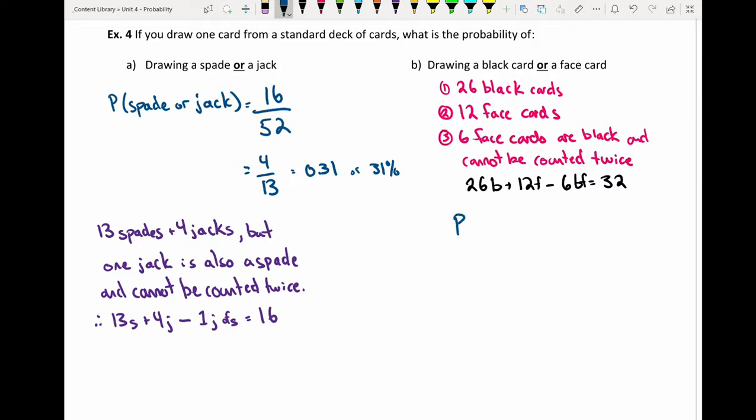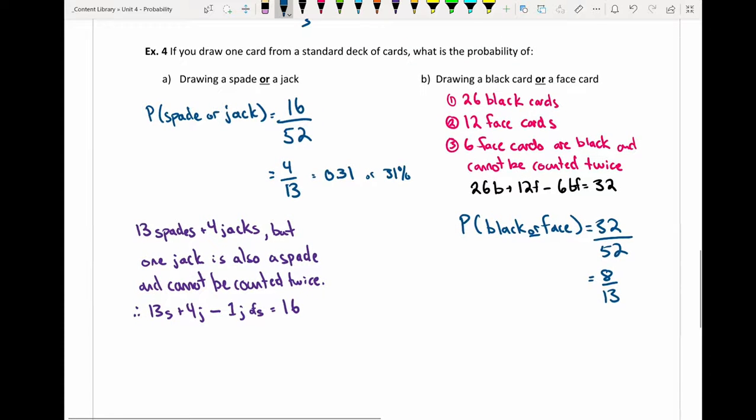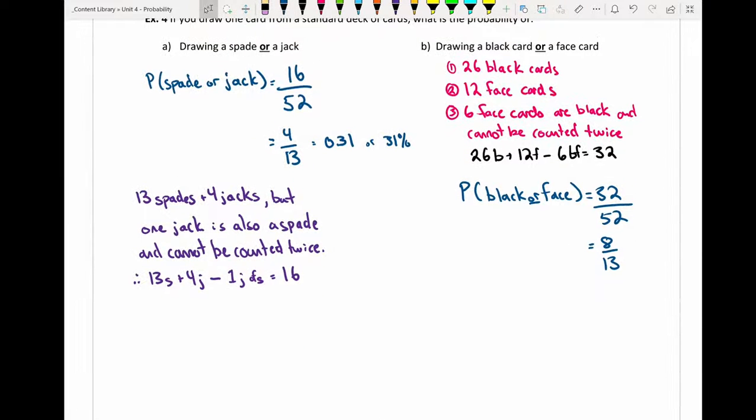So for my probability, the probability of it being black or face is going to be 32 outcomes over 52, which is equal to 8 over 13. That is my theoretical probability of drawing a black or face card from a standard deck. Again, this is looking at theoretical probability.